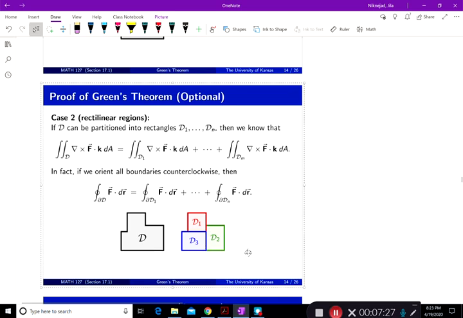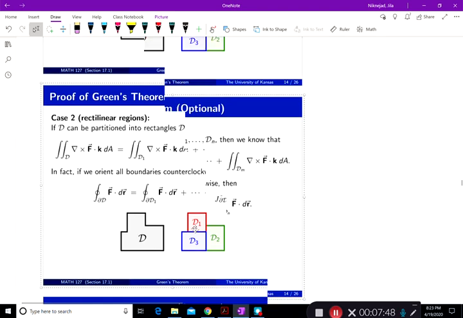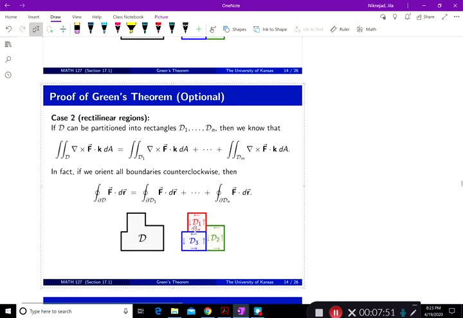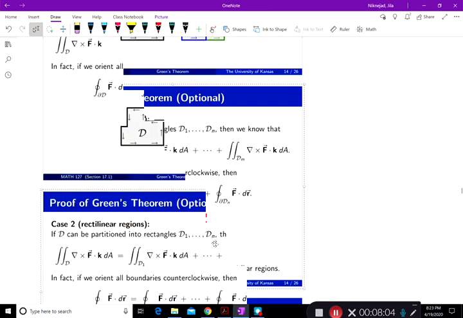So they're going to be negatives of each other. So the inner parts of the boundaries of D1, D2, D3 are going to counteract each other. Even though it seems like we're adding more pieces of boundaries, those are the inner ones, and the inner ones counteract each other. And so you prove that the integral over the boundary of D is going to be the summation of the line integrals over the boundaries on the right.